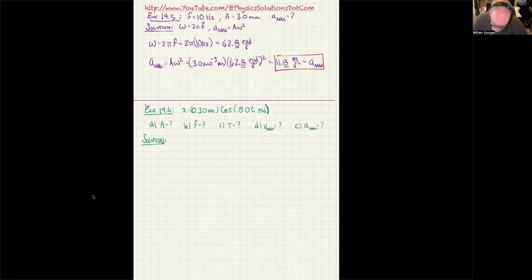For instance, we're going to want to remember that x is equal to A cosine omega t plus phi. That phi, by the way, is called a phase constant, or a phase factor or something like that. But I usually call it a phase constant. But it's basically just a shift of the cosine or sine function.